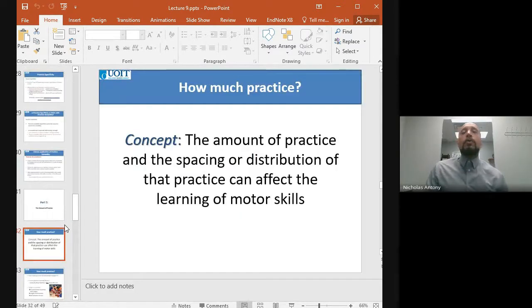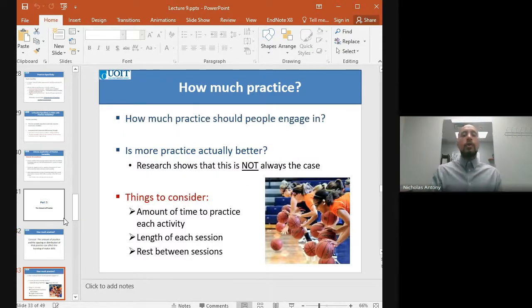So now let's talk about concepts behind the amount of practice that's required, right? So let's consider the amount of practice and the spacing between practices that would help maximize or hinder motor learning. So the question is then, how much practice should people engage in?